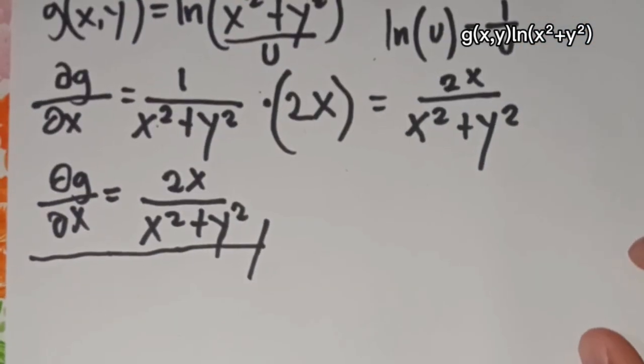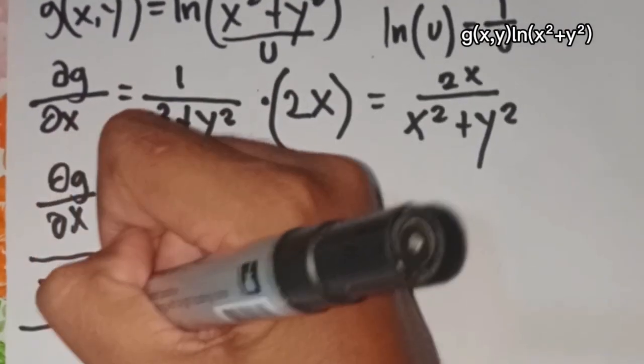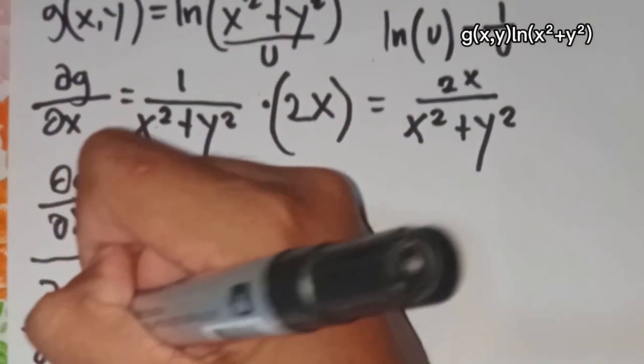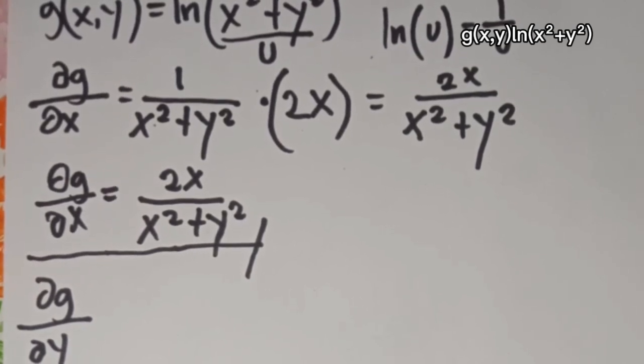And to find the partial derivative of g with respect to y, treat x as a constant and differentiate g of x and y equals ln of x squared plus y squared with respect to y.